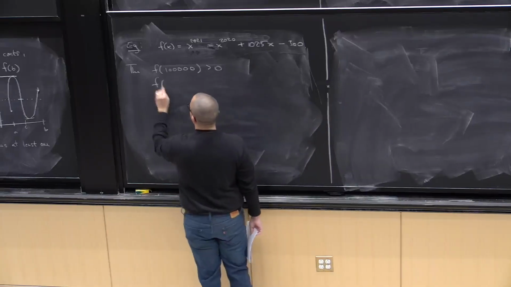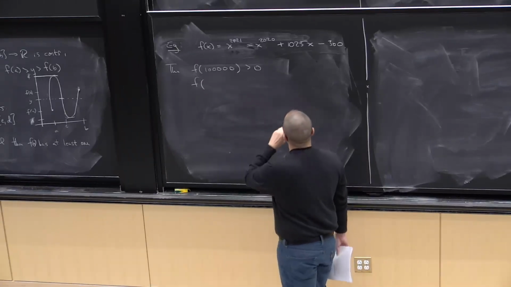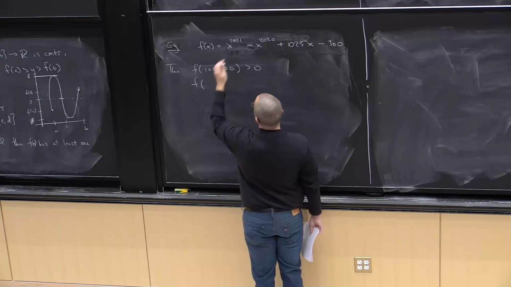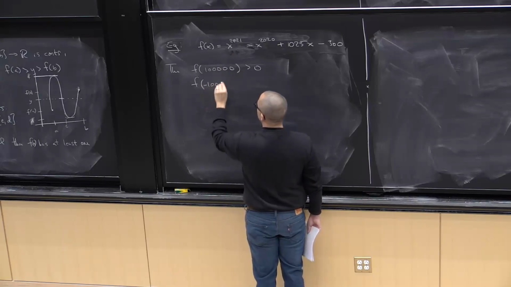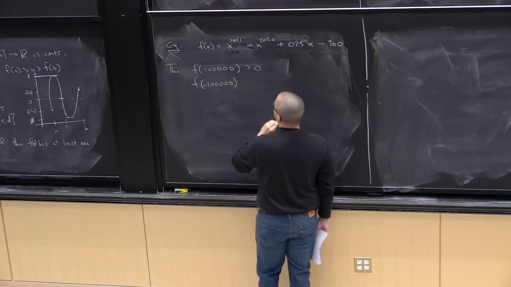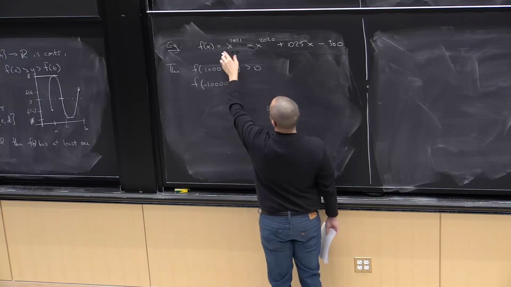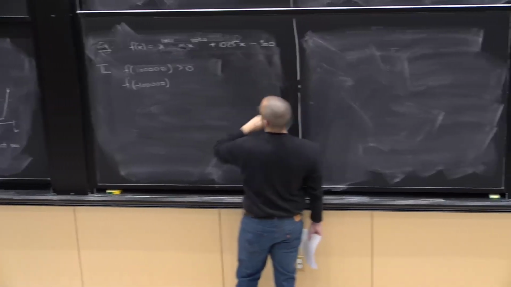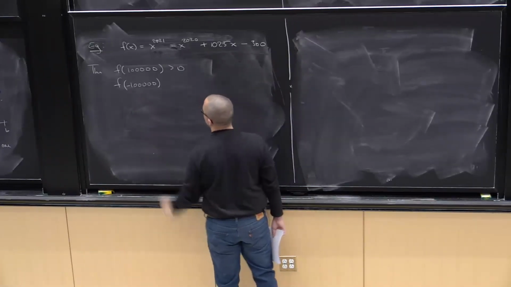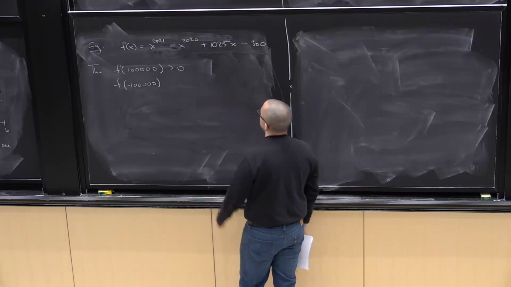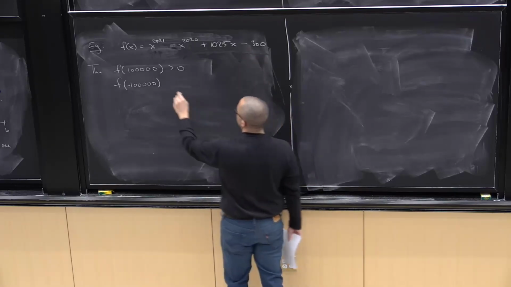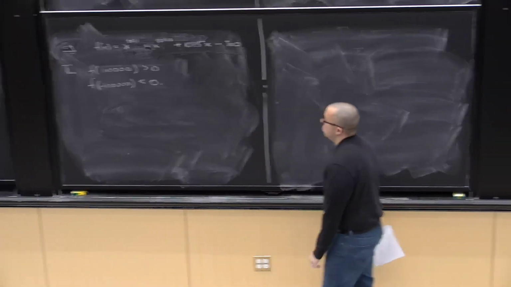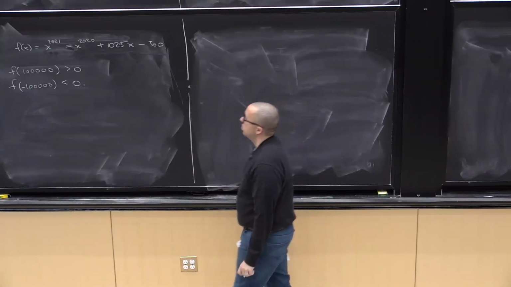And likewise, if I stick in a negative value, then I get something very big, but now with a minus sign, which will again swamp all these earlier guys. In fact, I don't have to choose minus 100,000. If I just stick in 0, I will get minus 300, which will be negative, but you can check that if I stick in minus 100,000, this will still be negative.